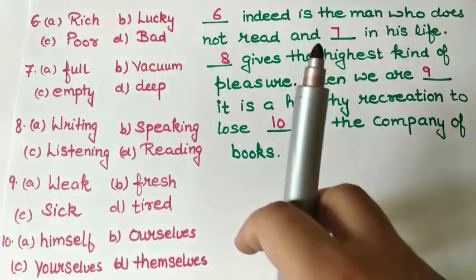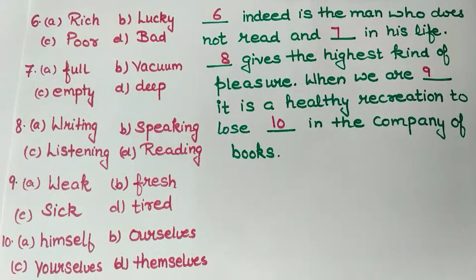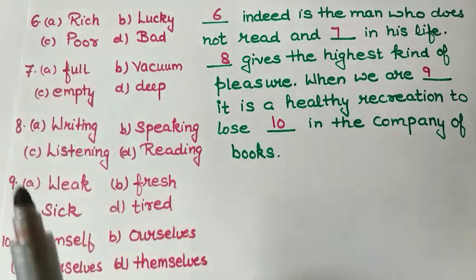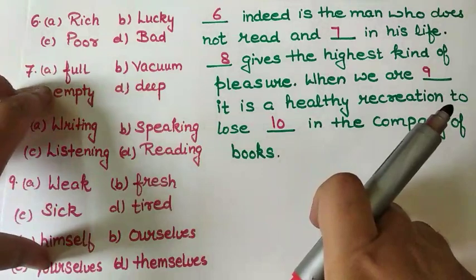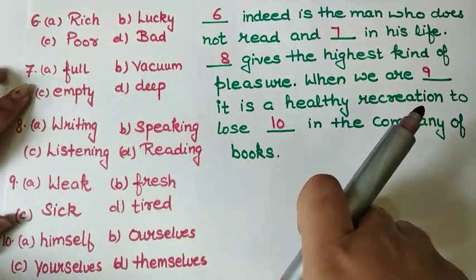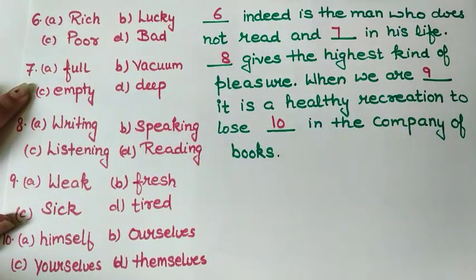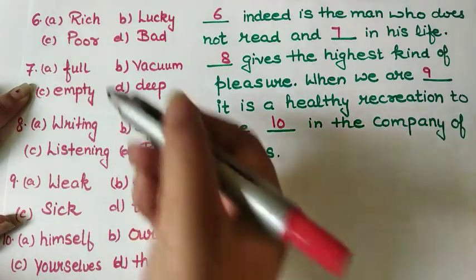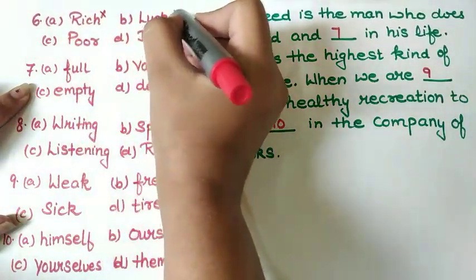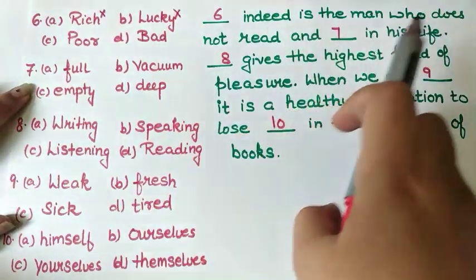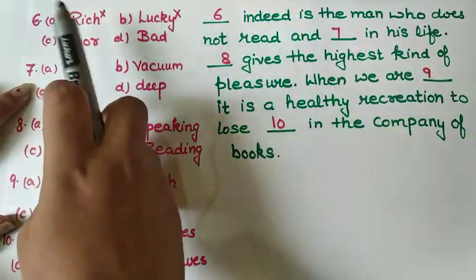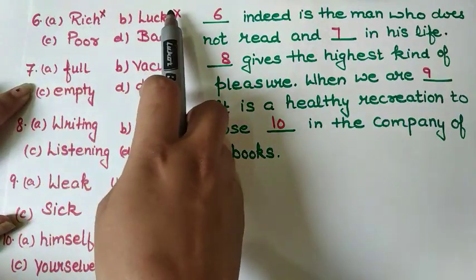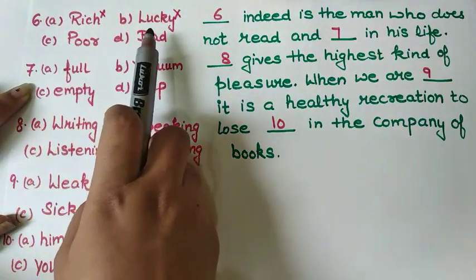See the next one. Dash indeed is the man who does not read. The options say rich, lucky, poor, and bad. We cannot say rich and lucky, because the sense of the paragraph is in favor of reading, right? So rich and lucky cannot be the answer. If somebody is not reading, he indeed cannot be rich and lucky. Then come poor and bad.